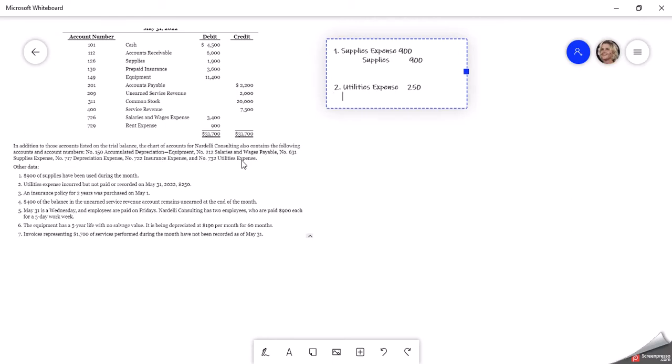Now, we don't have a bill yet, so we can't pay it, so it's going to go to accounts payable. Or is it accrued liabilities? Let's see, do they have accrued liabilities down here? No. Okay, so it is accounts payable.